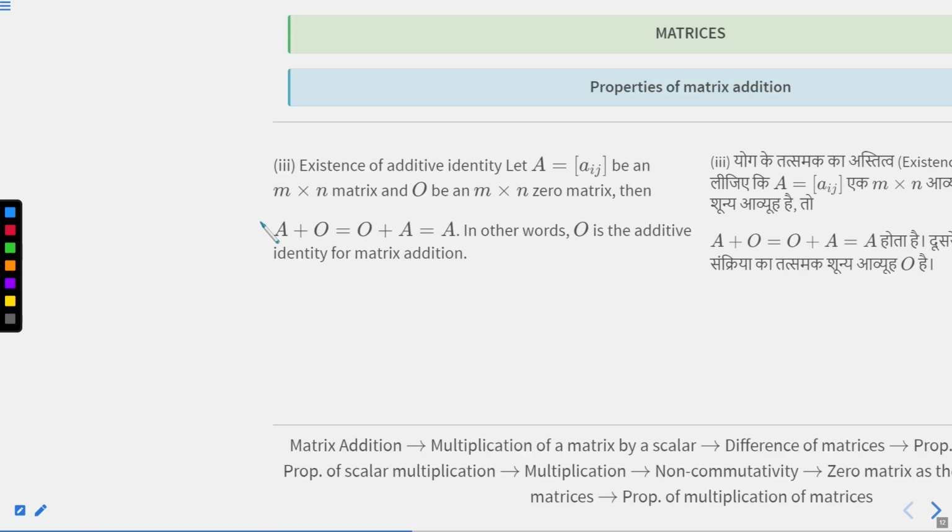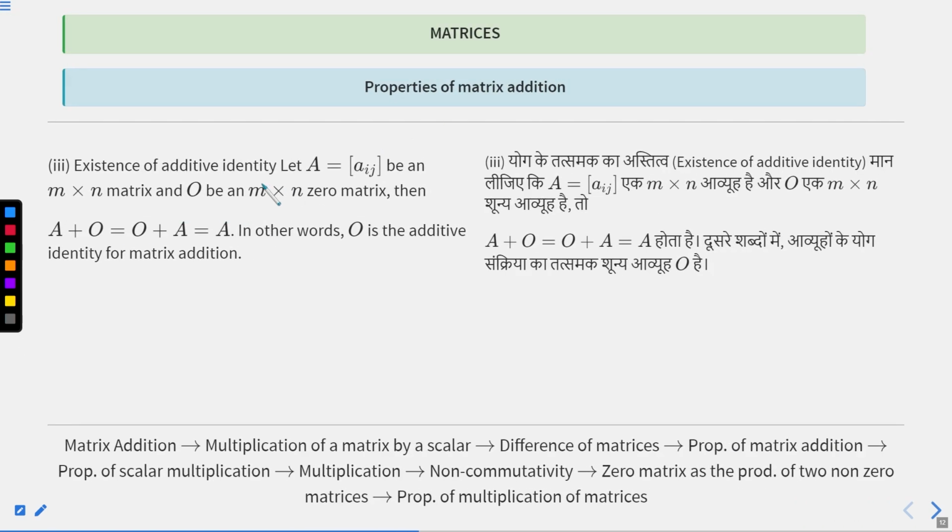Now the property of additive identity existence: you will have this O matrix, which is nothing but the zero matrix of the same order. The entries of this O matrix will be all zeros, as the name suggests.